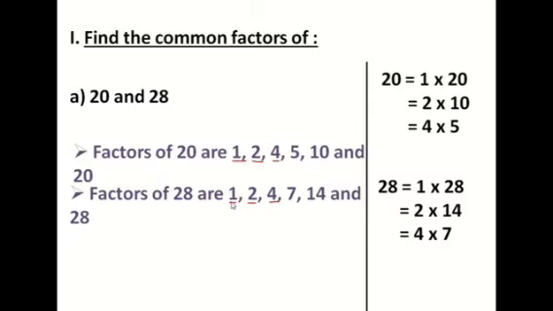Even factors of 28, 1 is also there. 2 is a common factor and 4 is also a common factor. Other than that, 5, 10, 20, and here 7, 14 and 28, these are not common factors. So you can write down the answer. Common factors equals to 1, 2 and 4.